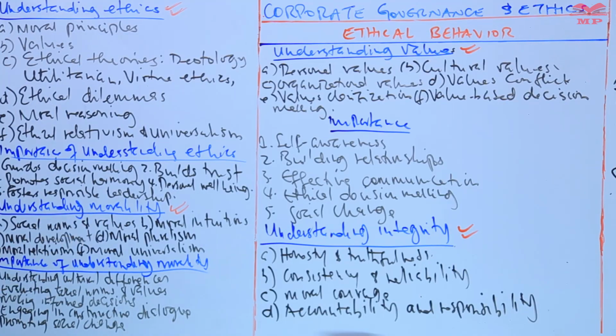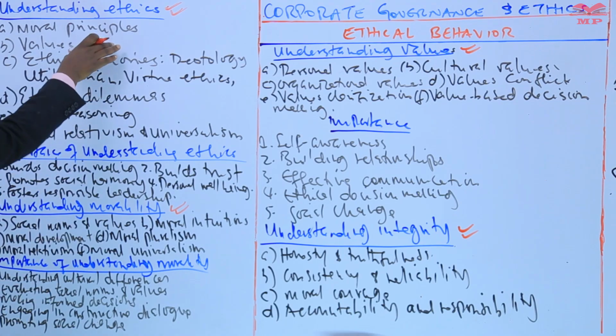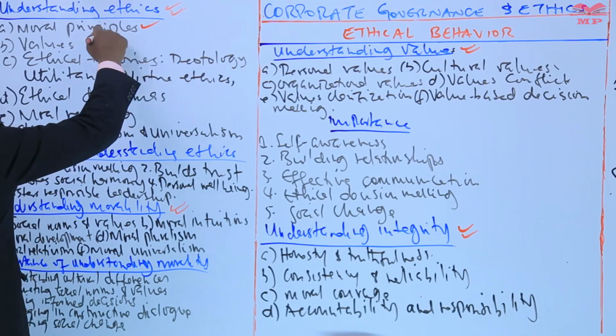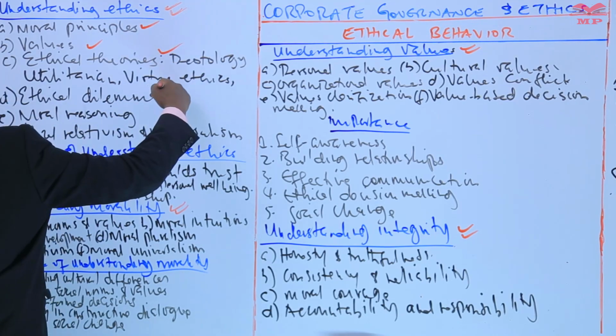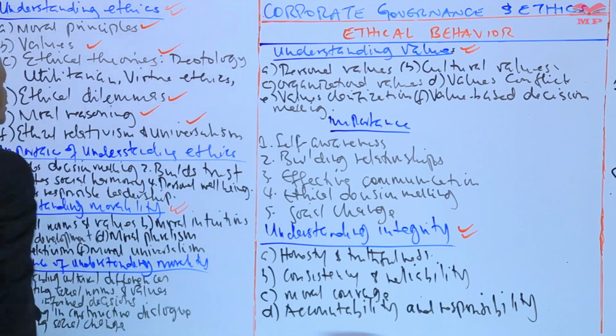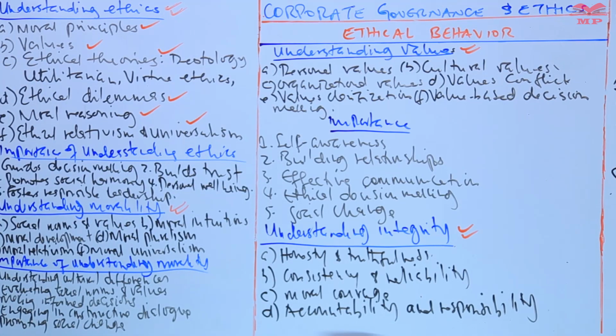Under each aspect or subtopic, we've covered the key aspects of understanding each. To understand, for example, ethics, one has to have knowledge of moral principles, values, ethical theories, ethical dilemmas, moral reasoning, ethical relativism, and ethical universalism.